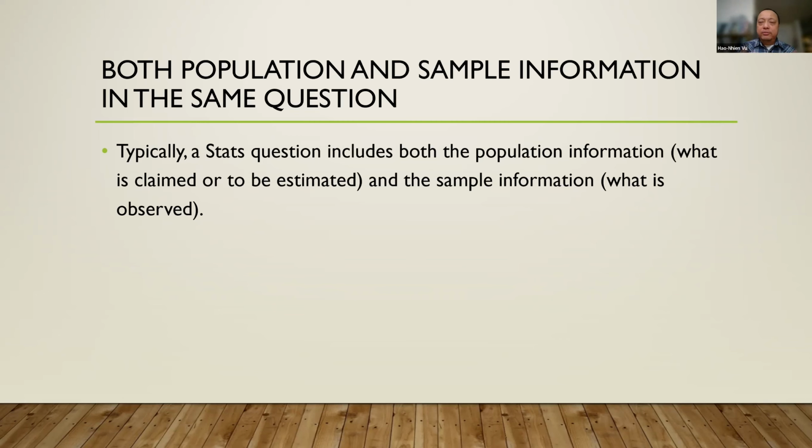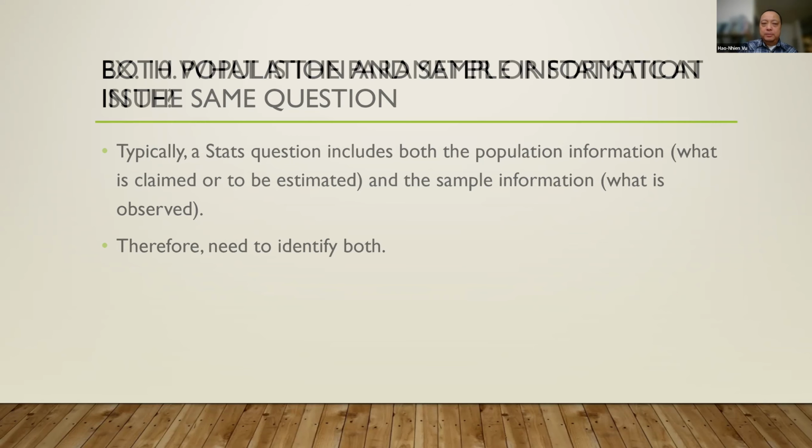So both pieces of information would be in the same question, so you need to separate them out. Whatever they're trying to estimate or speculate, that's population. And whatever it is that they observed and collected, that would be your sample information.